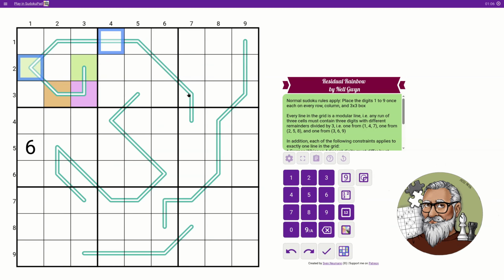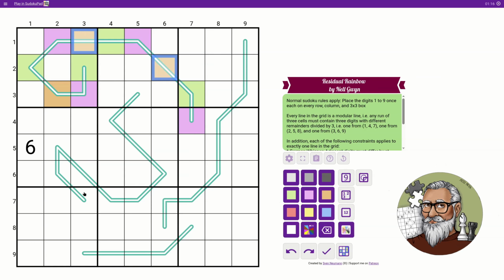So we know that all of these would be green, all of these would be pink, and all of these would be orange. The same applies everywhere, but I'm going to have to use different colors if we want to put it everywhere. But this was just to illustrate what we're dealing with.